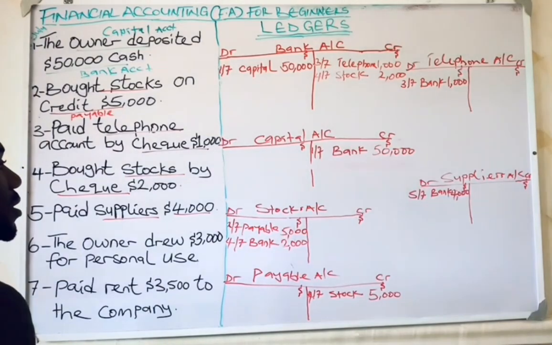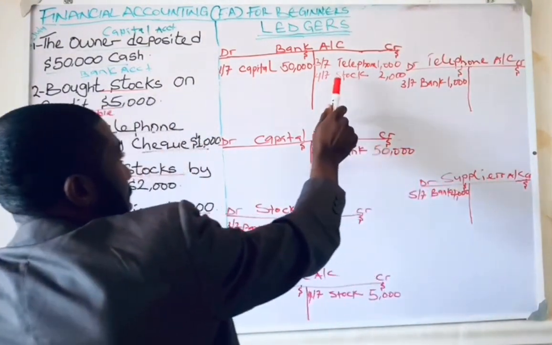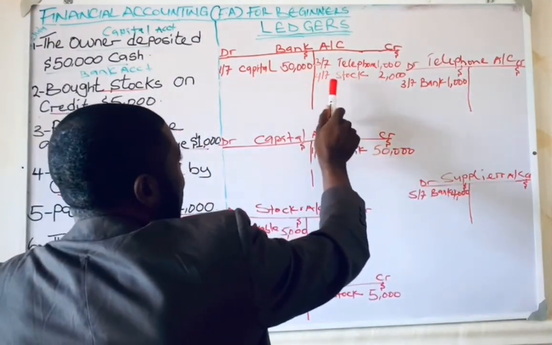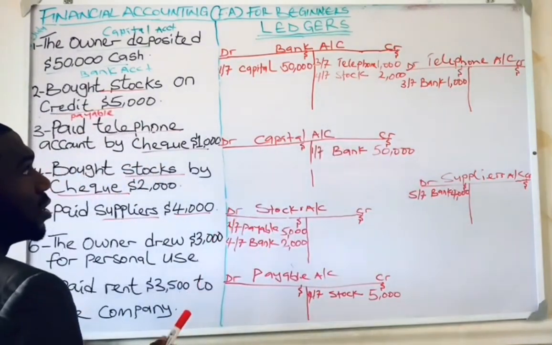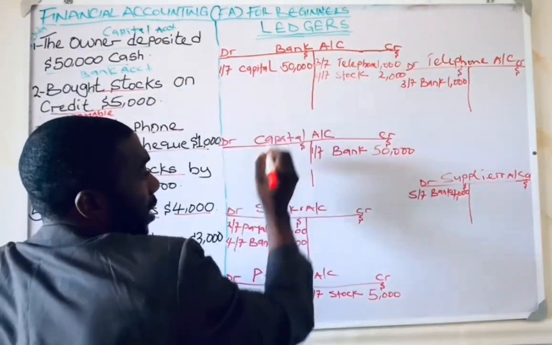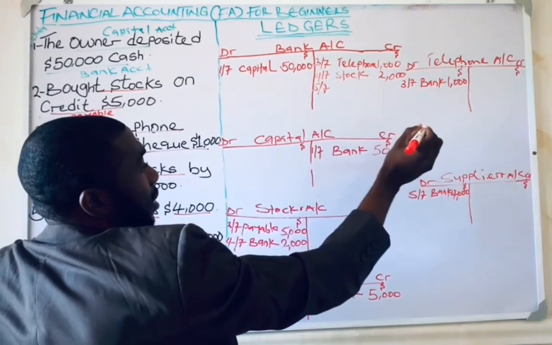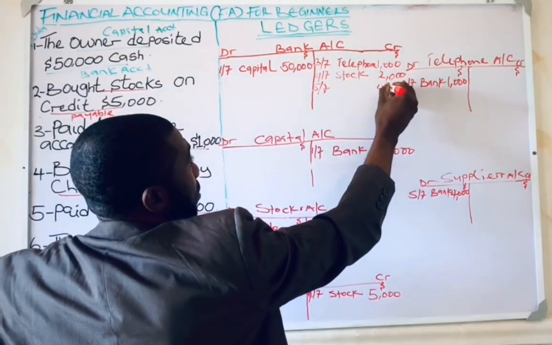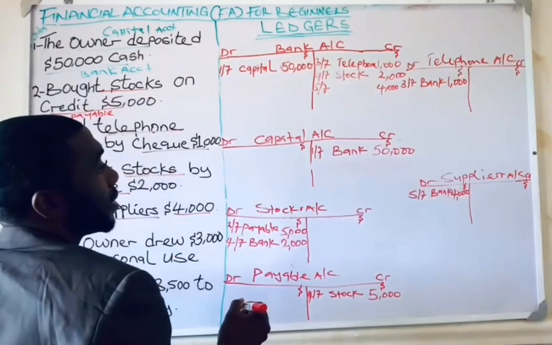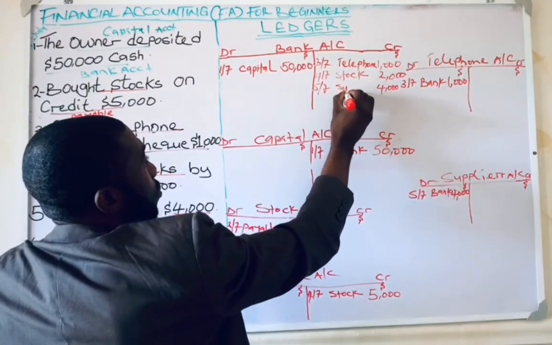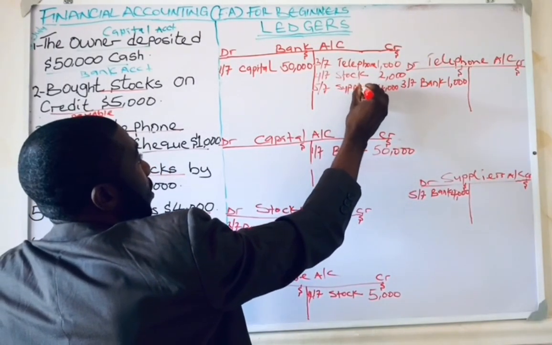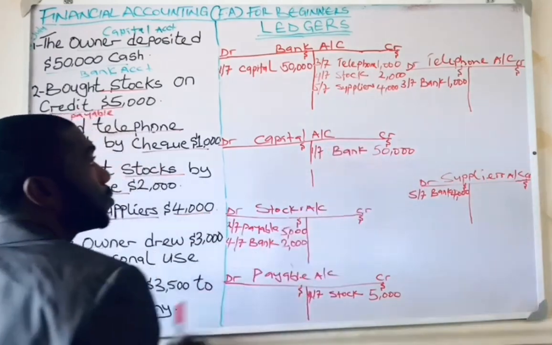Since the supplier is receiving, the balance in your bank account will definitely reduce. So you go to your bank account and say on the 5th of July, we pay $4,000 to suppliers. Simple as that.